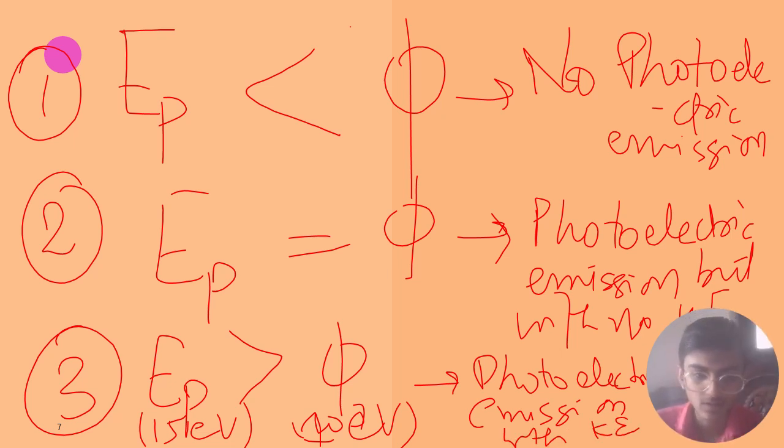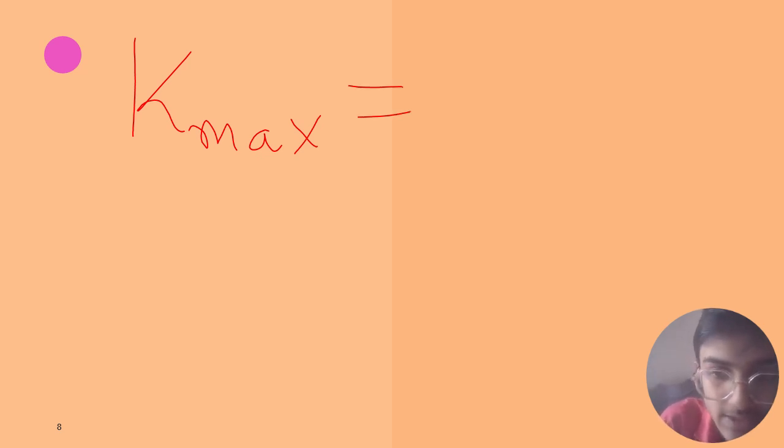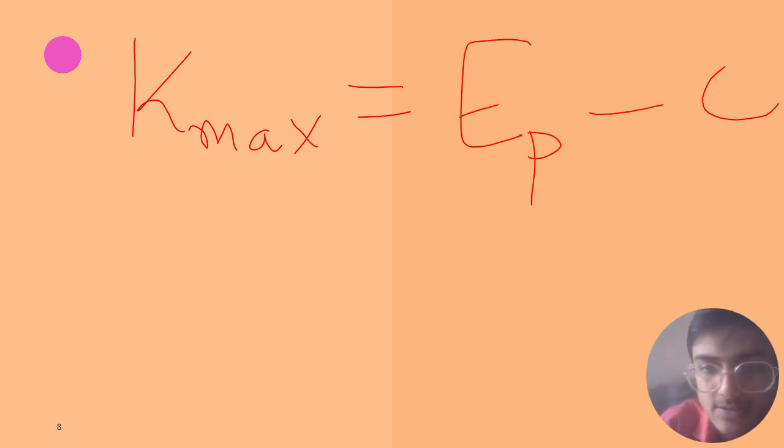So from here we are on our way to get Einstein's photoelectric equation. What is it? Maximum kinetic energy equals, why it is maximum we'll discuss, the energy of photon minus the work function.